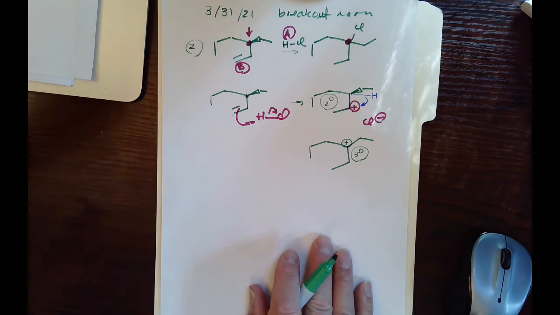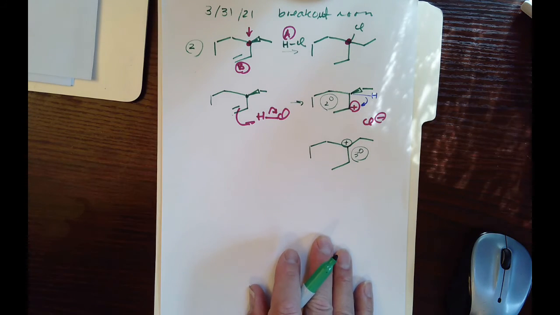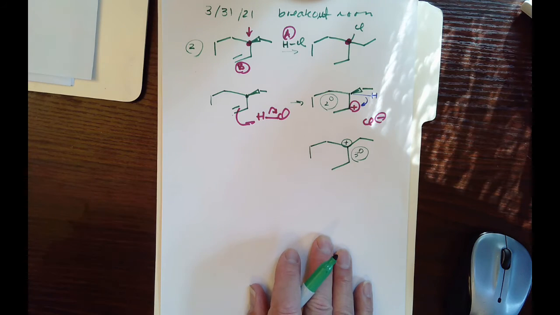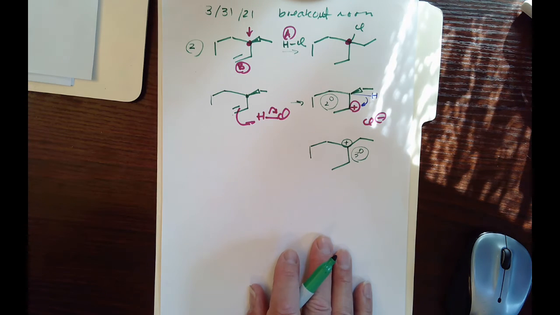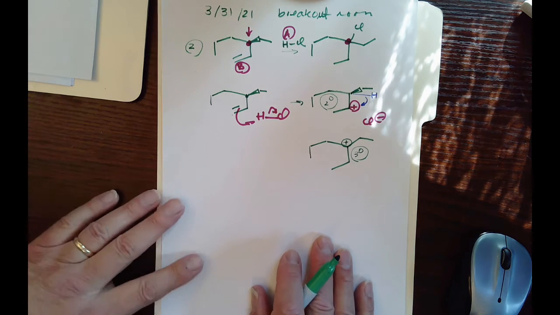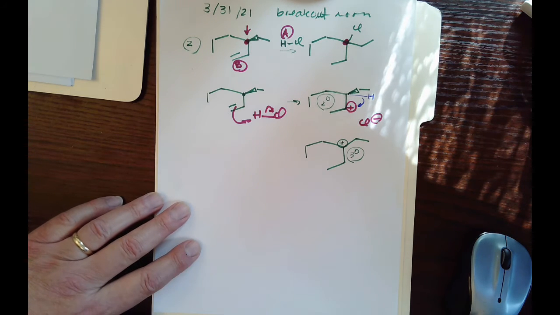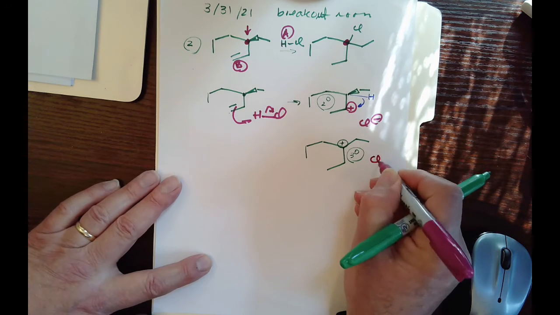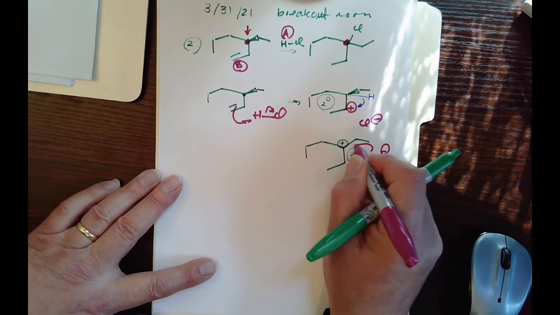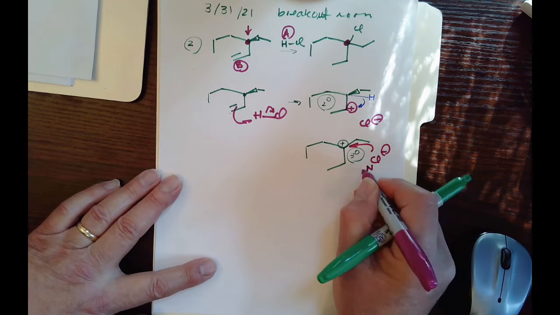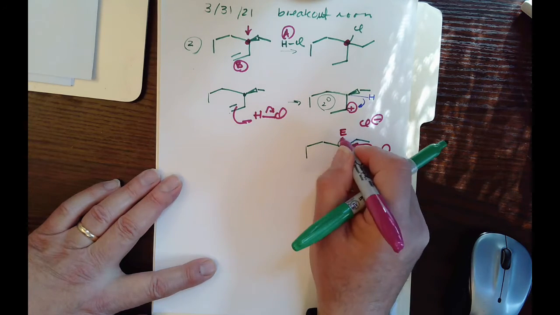So we're going to look at the electrophile that we can have here. The nucleophile Cl minus comes back and reacts with the tertiary carbocation, making a new bond with the electrophile.